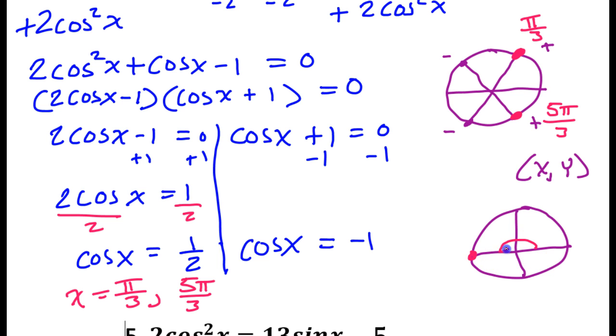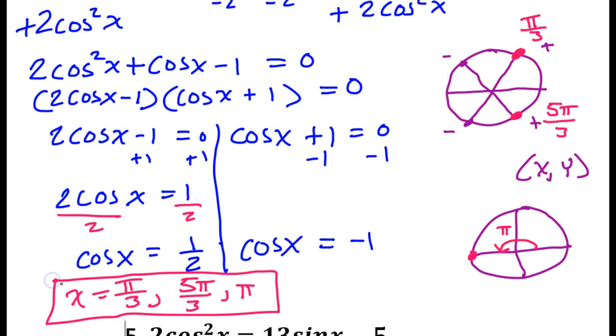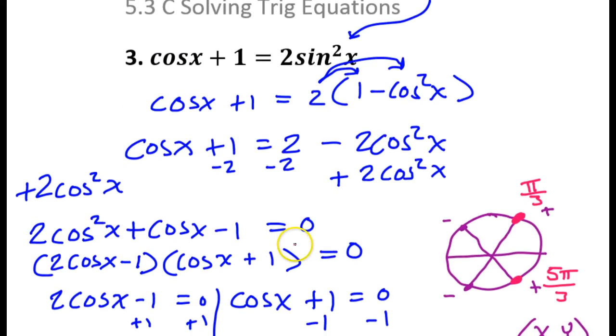And this is pi. So the cosine of pi is equal to -1. These are the answers to this problem. Alright, this video is long enough, so I'm going to stop it here. That was number 3.